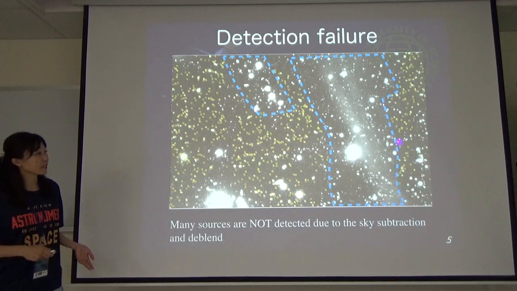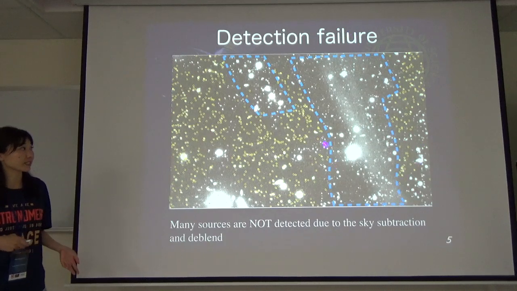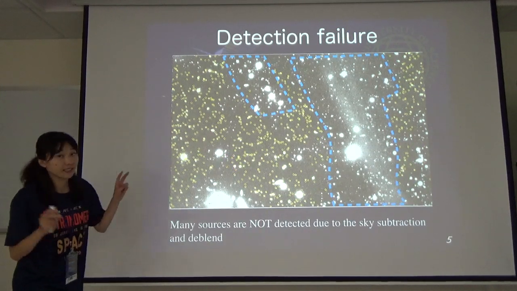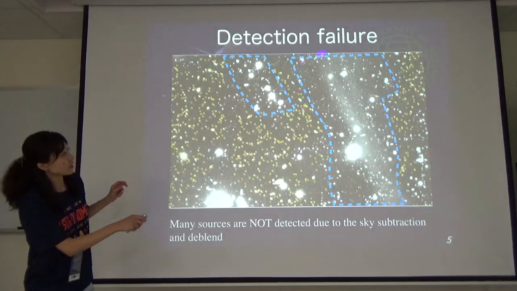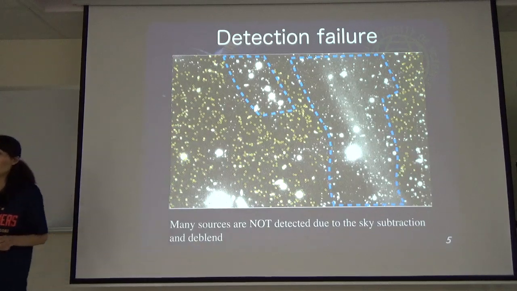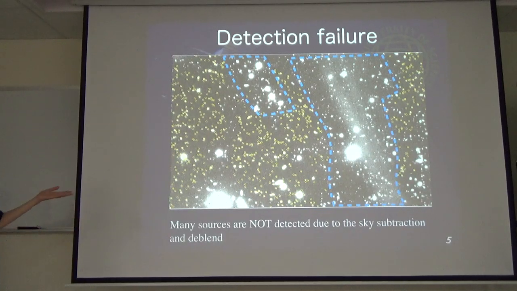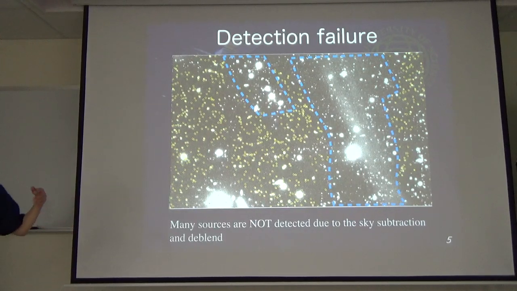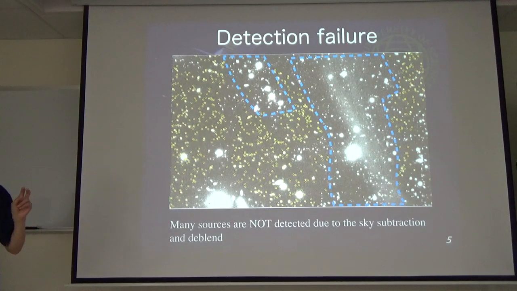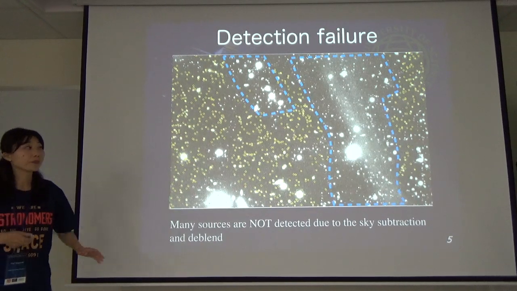The previous catalog is missing some sources in this kind of area. The yellow circles are detected sources, and you can see that there is no detection in this area, or in this area. And this is because of the pipeline. The pipeline version 4.0.1 cannot subtract the sky well, and also deblend sources well.